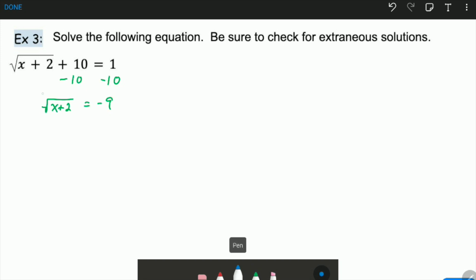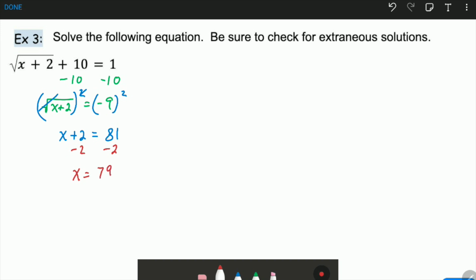And then, to get rid of the square root, we'll square both sides, giving us squaring and square rooting cancel, letting me have x plus 2 equals -9 squared, which is positive 81, and subtract 2 on both sides, giving us x equals 79.